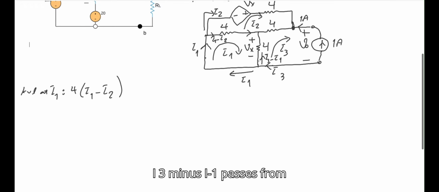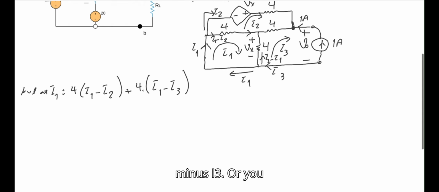I3 minus I1 passes from bottom to top, but if I consider the direction of this loop, when I reach this point, I'm going down. So that would be the opposite of this one. So I can say plus 4 times I1 minus I3, or you might as well say minus 4 times I3 minus I1, which would be the same concept, equals 0.